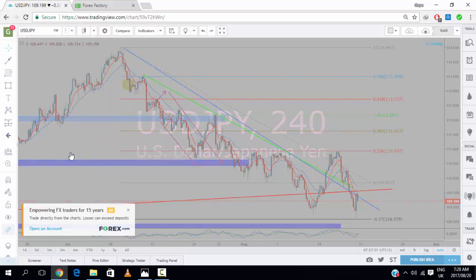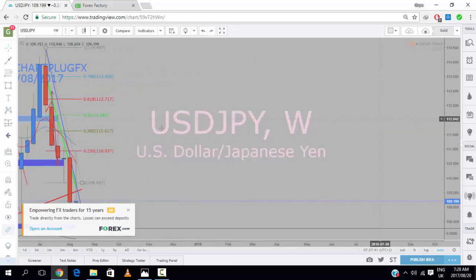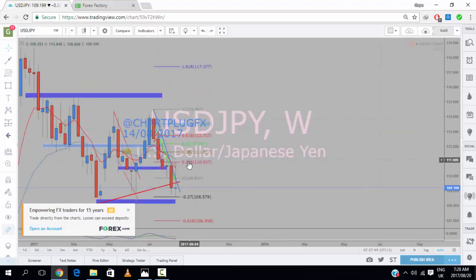How's the weekly? Okay. Yeah, I don't know what kind of candlestick this is, man, because it ain't no doji. Some weird inverse hanging man or something.